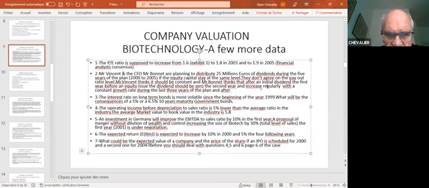Third, the interest rate on the long-term bonds is more volatile since the beginning of the year 1999. What will be the consequences of a change in the government bond interest? If you have a look at the table, exhibit 2, you find 5% for the 10 years during the last period of time, which is analyzed.